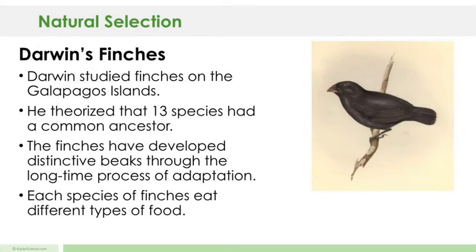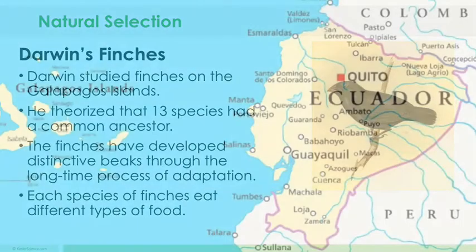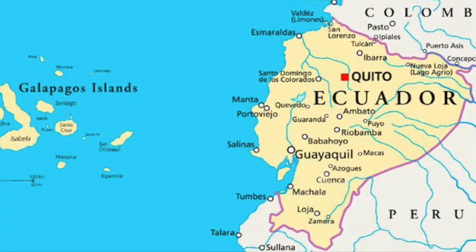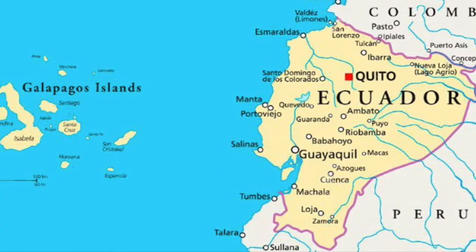But over the years, these finches had developed different types of beaks to be able to find food in their specific surroundings. In the Galapagos Islands, there are different trees, there are different environments. Some of them have hills, some of them have nuts, some of them are very sandy.